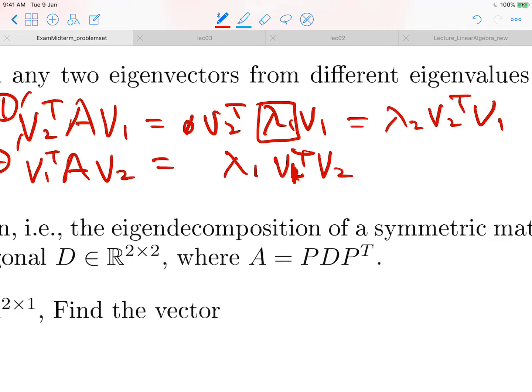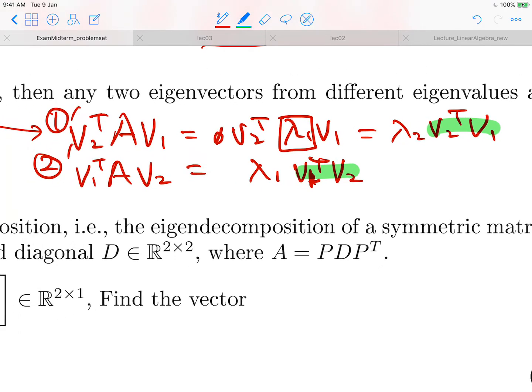But these inner products are actually the same, right? The inner product of A with B is the same as that of B with A. Then what about the left-hand side? Let's try to make them as equal as possible. In the first one we multiply V2 on the left and V1 on the right, and in the other, V1 on the left and V2 on the right.